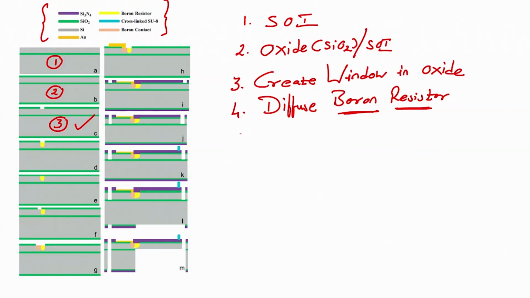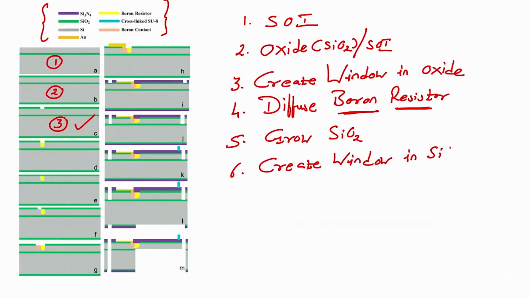Next step, what is the next step? Next step is we grow silicon dioxide on this particular resistor, and next step would be create a window in silicon dioxide for boron contact.